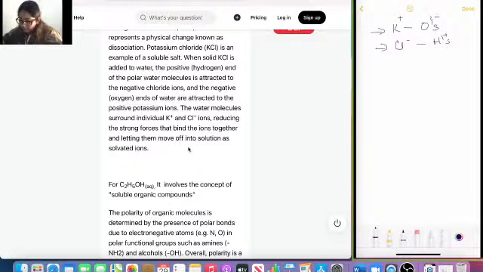Okay, and so when we have ethanol here, this involves the concept of organic compounds, right? So another example, basically this is ethanol, right? And so this involves the concept of soluble organic compounds, because this is an organic compound.